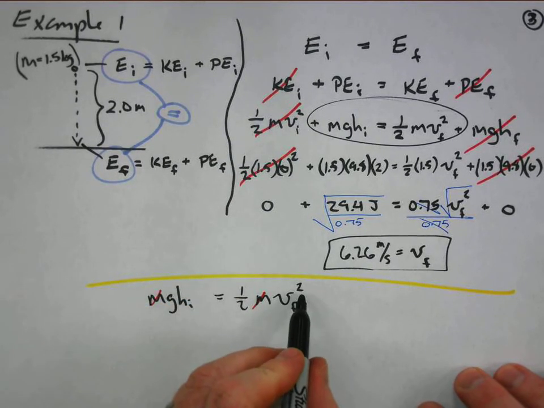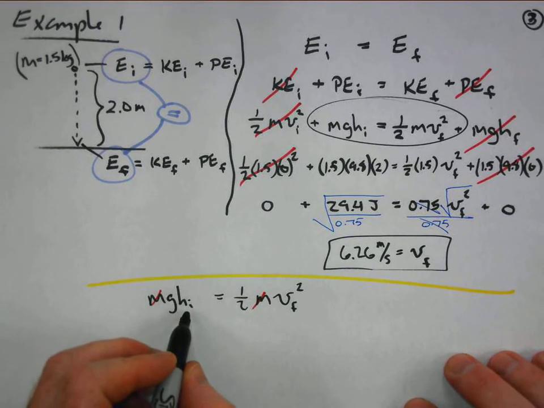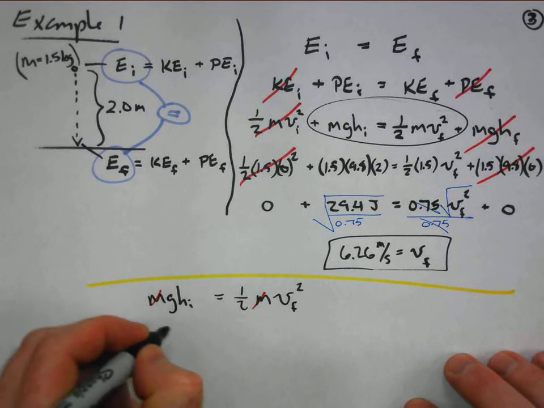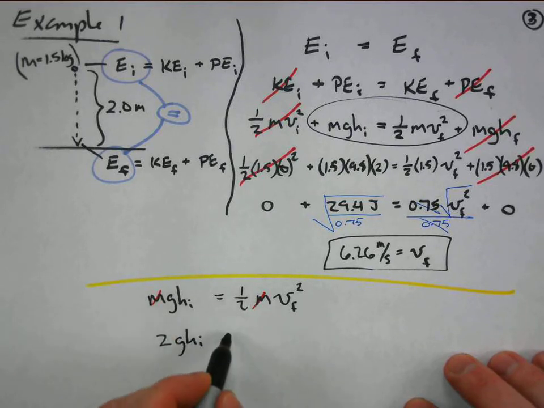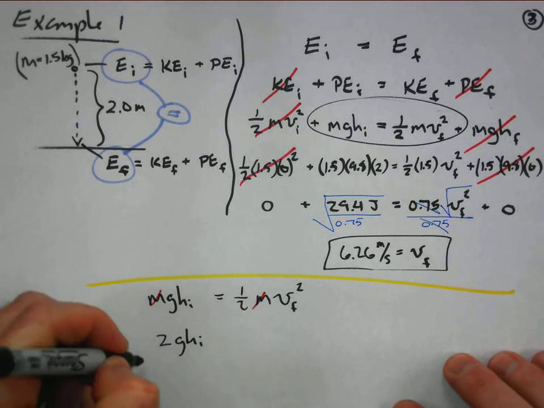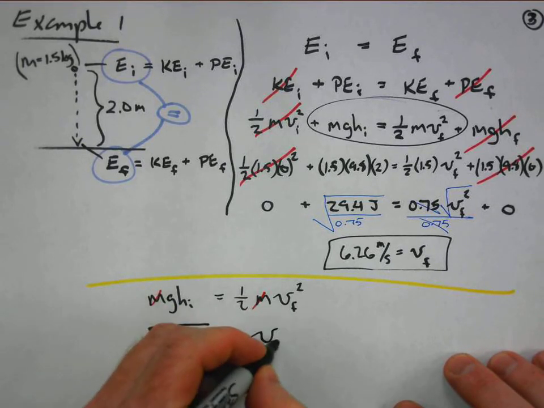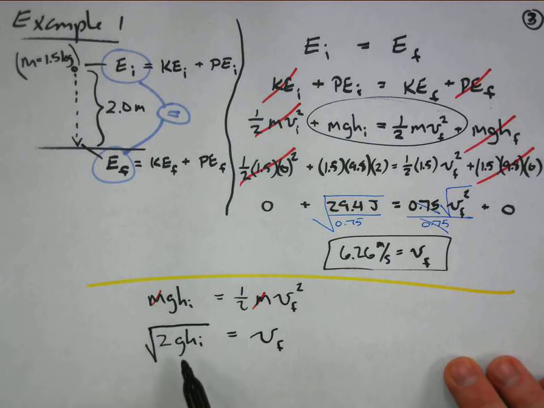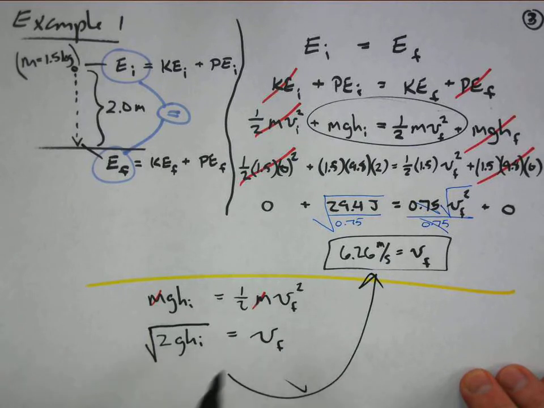Then I have to take the square root of both sides, right? So this is now g times initial height. I'm going to multiply that by 2, gh initial. And then I have to take the square root of both sides, so square root of that guy. And that is the thing I use. And I just plug a couple numbers in there, and I will actually get the same answer. It does lead to that. Yay!